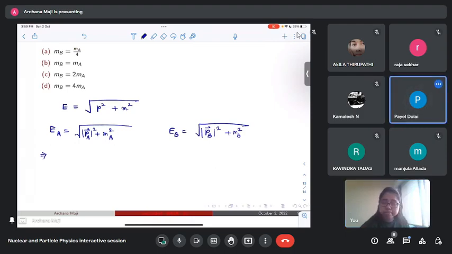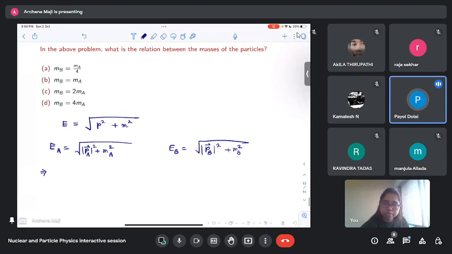Ma'am, in the first line you wrote E equal to root over P square plus M square only. Why? I mean M square C to the power 4, that is M square into C square. Yeah, that's correct.